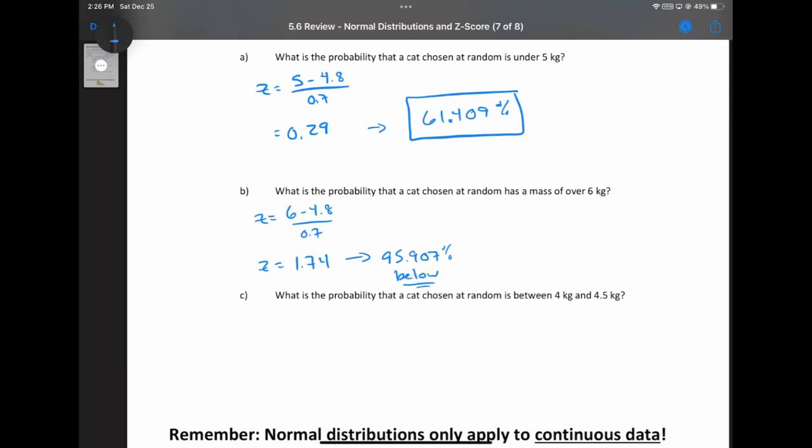It always represents the amount of data below. So 95.907% of cats will be below 6 kilograms, which means that 100% minus 95.907 are going to be above 6 kilograms, and that number works out to be 4.093%.